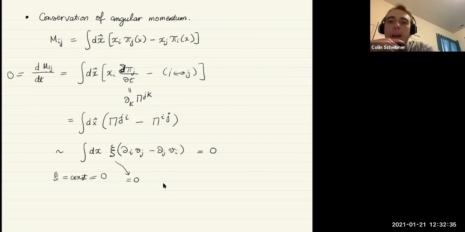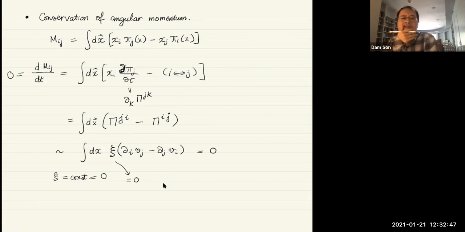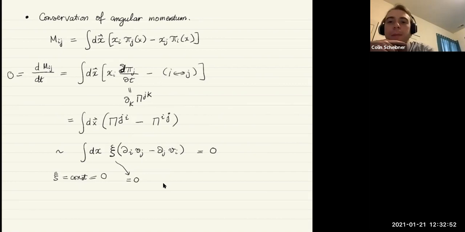So I have a quick question regarding how you conclude that xi must be constant. It seems like what you did is you performed some integration by parts. Is that correct? Are you explicitly assuming something about what's happening at the boundary of this domain when you do that?